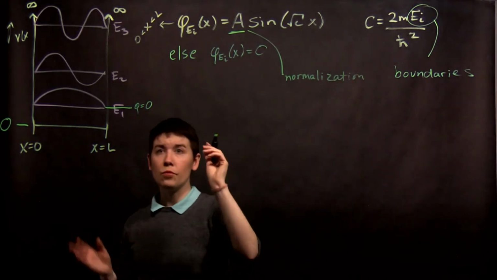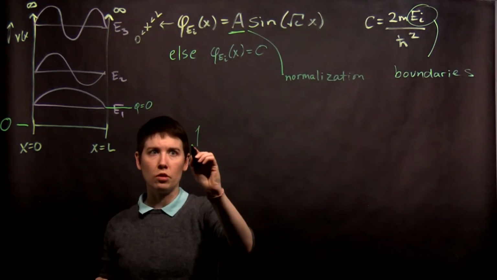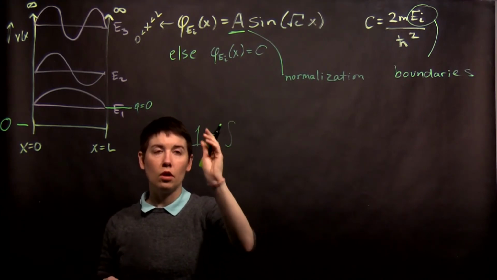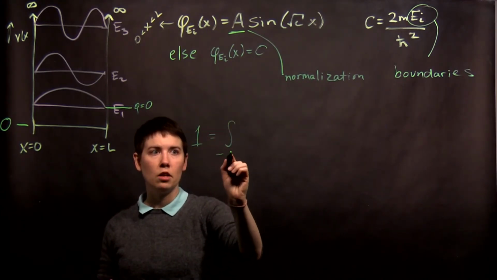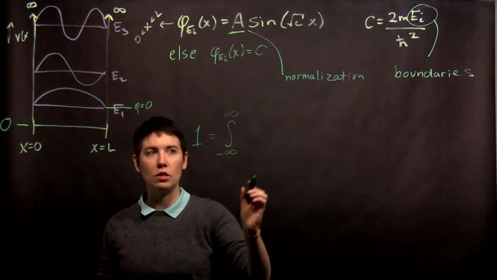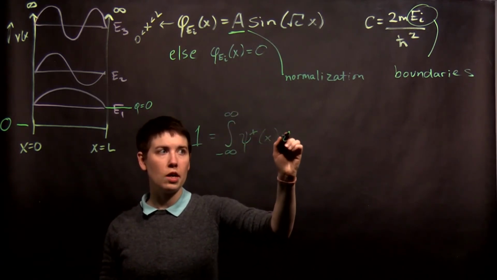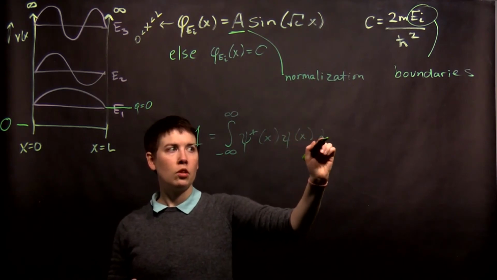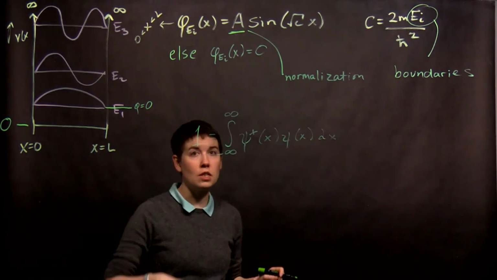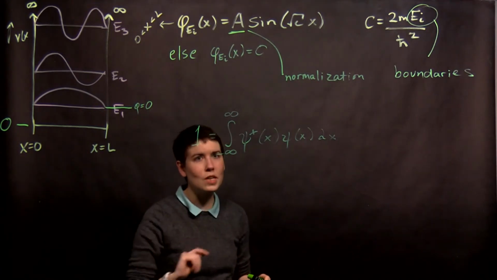When we have our position representation, we need to have a probability equal to 1 of finding our wave function. When we do the probability, we would do psi star psi dx and integrate from negative infinity to infinity. That needs to equal 1. Now here's the key.